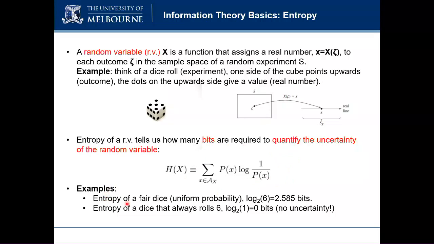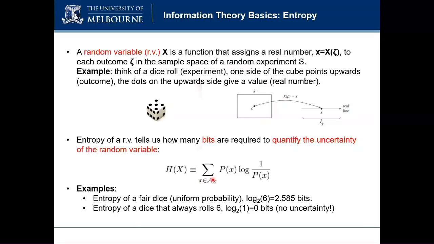And the entropy of a fair dice, uniform probability, is log base 2 of 6, because each probability is 1 over 6, there are 6 possibilities, and they cancel out. It's log base 2 if you want bits. So you get this many bits to describe that uncertainty.